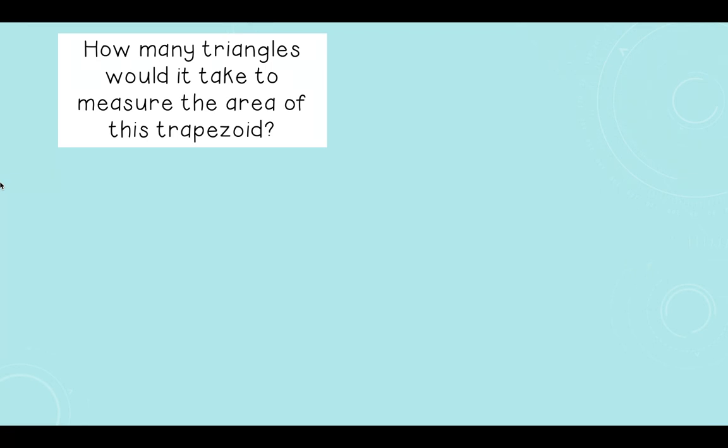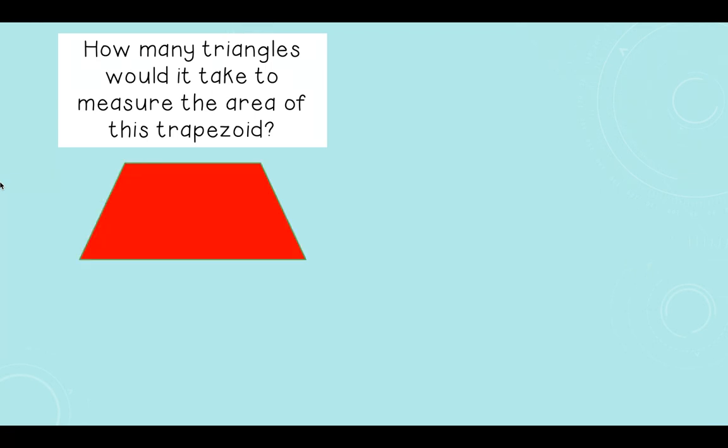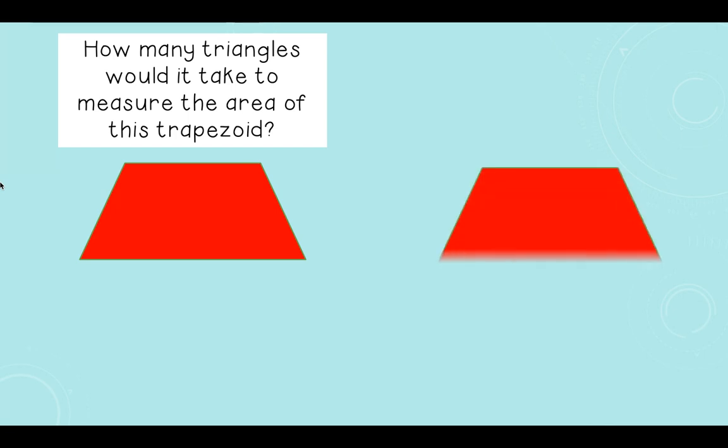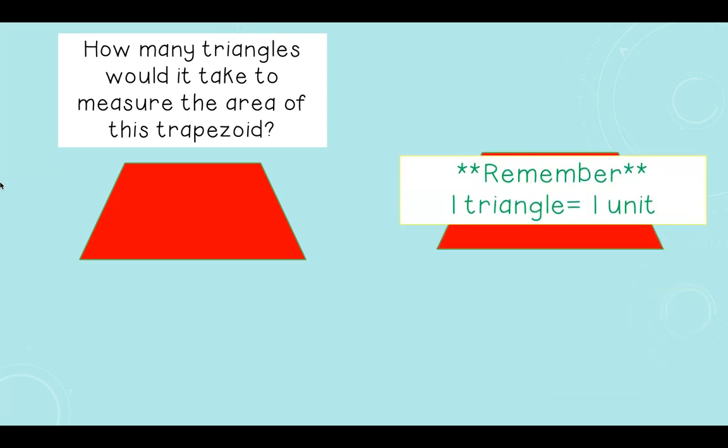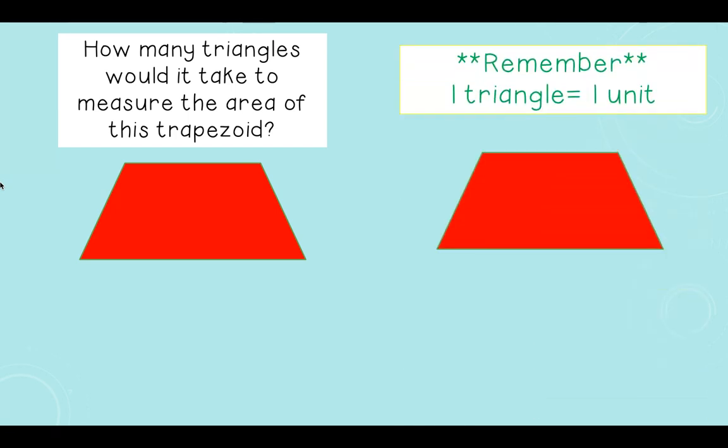How many triangles would it take to measure the area of this trapezoid? Figure it out. Remember, one triangle equals 1 unit. So I'm going to take triangles and cover them, put them on top, and cover up the trapezoid, which is called composing. We're going to put together or compose triangles to create the same shape as the trapezoid.